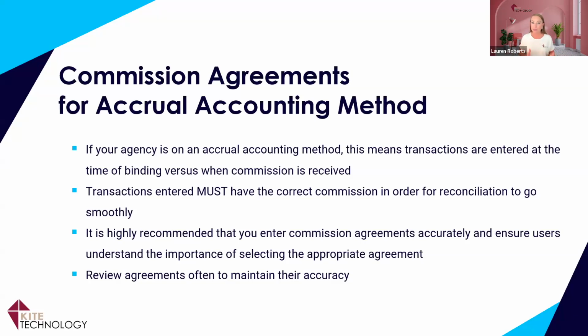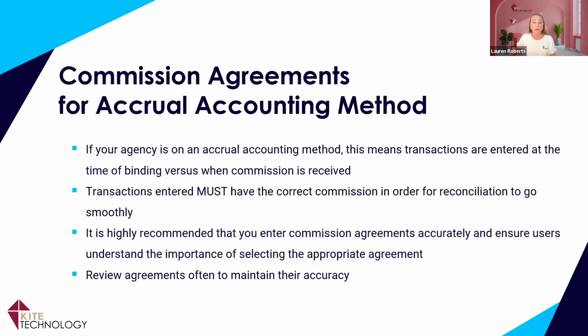You've got to have really good agreements set up for accrual, and your users are going to have to pay very, very close attention to this. You're going to absolutely want to make sure that you are regularly auditing your commission agreements. You're also going to make sure that you are running reports, that we're going to talk about in just a little bit, to see if we're putting the right commission agreements on policies.